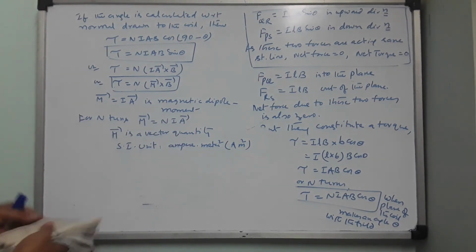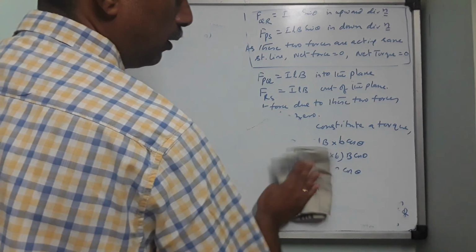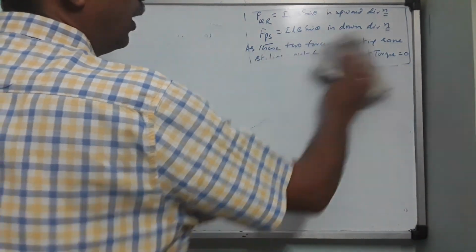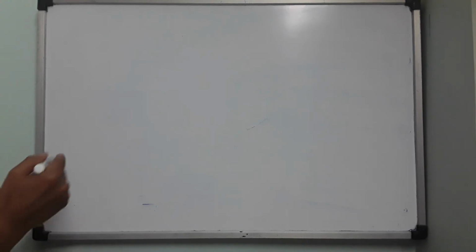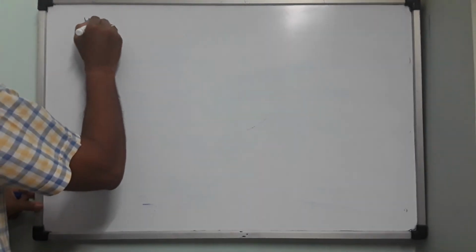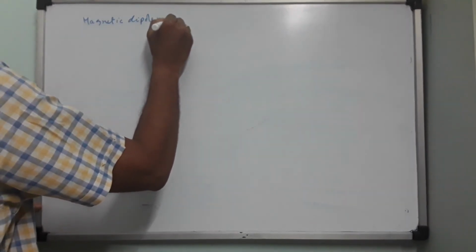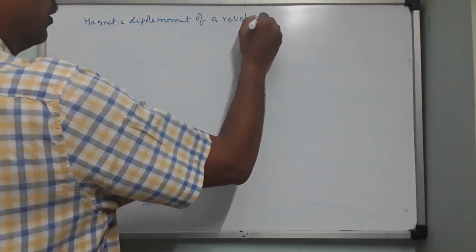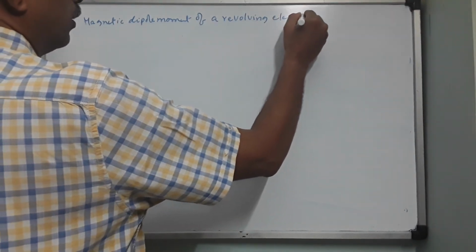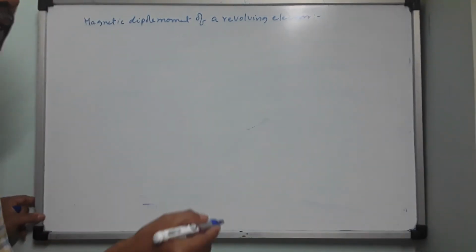Now we have another thing to discuss about this magnetic dipole moment: the magnetic dipole moment of a revolving electron. Take an atom.